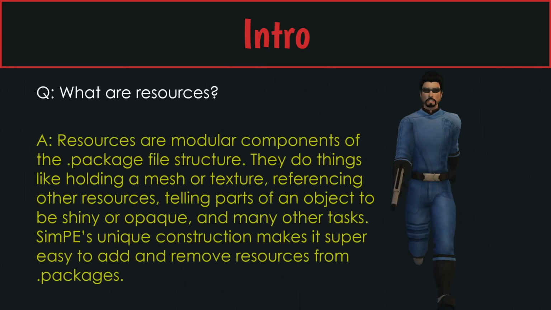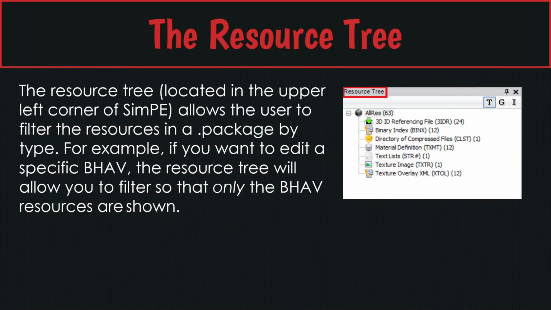What are resources? Resources are modular components of the package file structure. They do things like holding a mesh or a texture, referencing other resources, telling parts of an object to be shiny or opaque, and many other tasks. SimPE's construction makes it super easy to add or remove resources from packages.